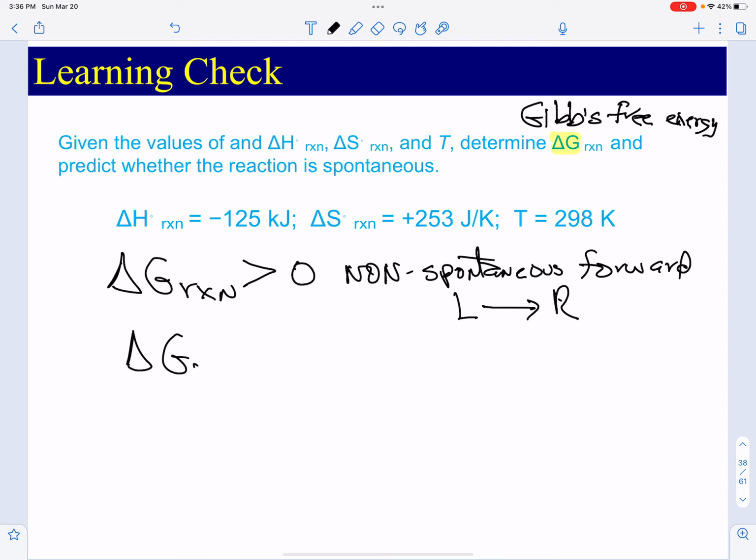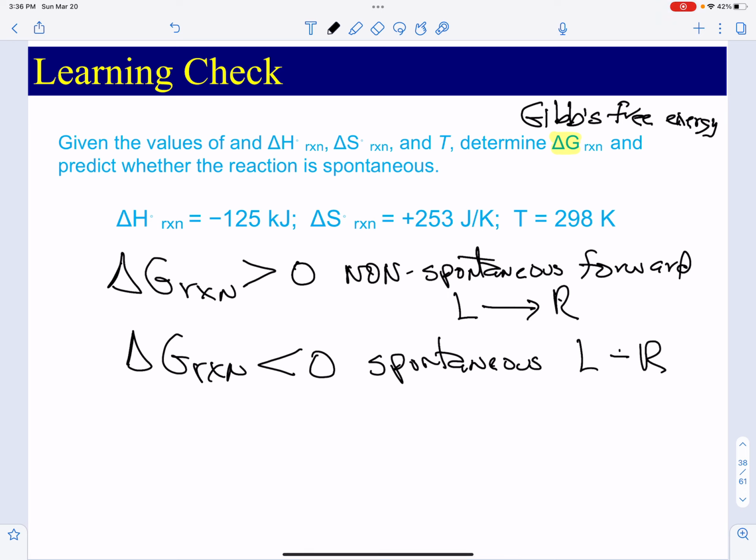Delta G of the reaction less than 0, spontaneous, going from left to right as presented. Delta G of the reaction equal to 0, that means it's at equilibrium. So very soon we're going to start seeing how the equilibrium constant relates with these thermodynamic quantities also.